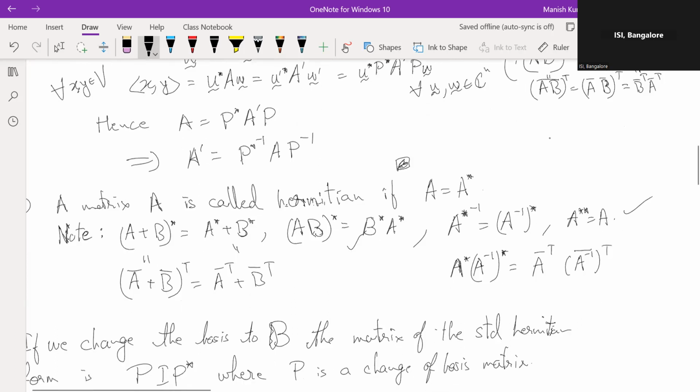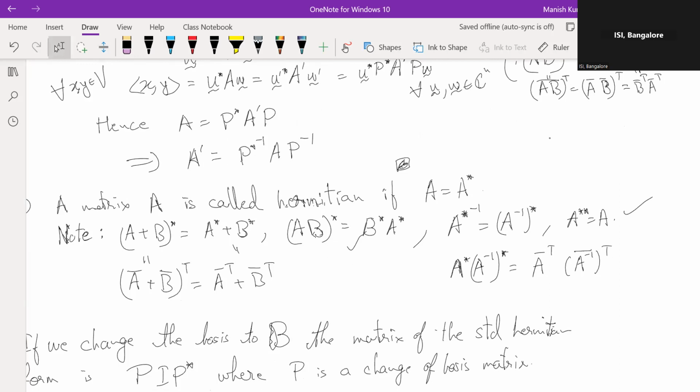If you multiply this through, this is A inverse bar A bar transpose. Transpose of AB is B transpose A transpose. That is what I'm using here. And there you go.